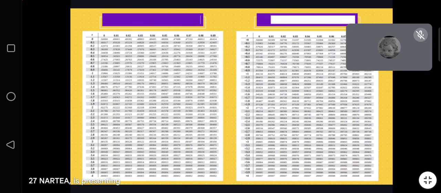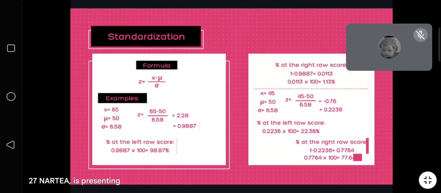After looking for the area, we multiply it by 100 to know the percentage of probability at the left of the raw score. So multiplying by 100, it's going to be 98.87%.